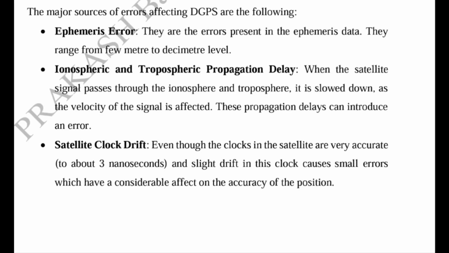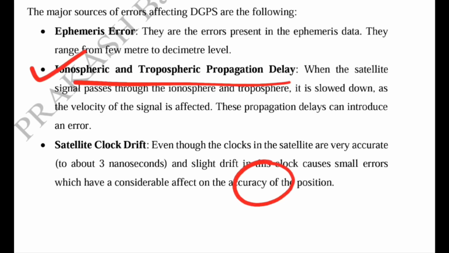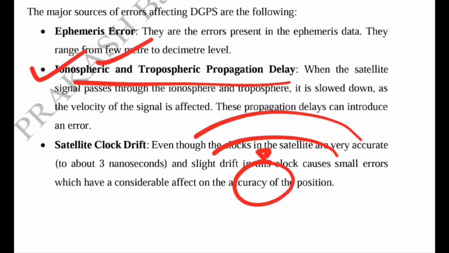So the second one is the ionospheric and tropospheric propagation delay, and let me say this is the earth surface, and here is a GPS receiver. Then a few kilometers above the earth surface, there is the ionospheric layer and the tropospheric layer. And this is the space which has the satellite, or we can say space segment.